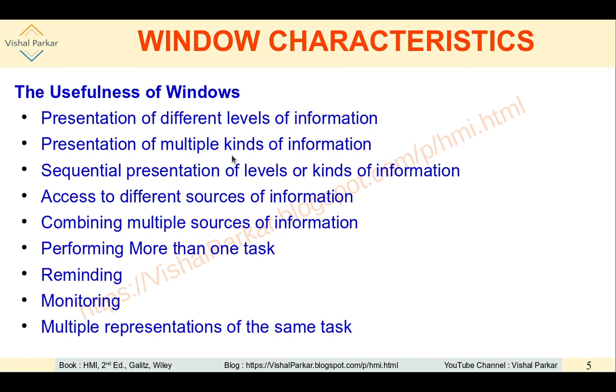Presentation of multiple kinds of information. So here, imagine one order processing system wherein a customer's account number may be selected in one particular window, and based on that the information pertaining to the customer details, for example his name, address, etc., can be presented in some other window.